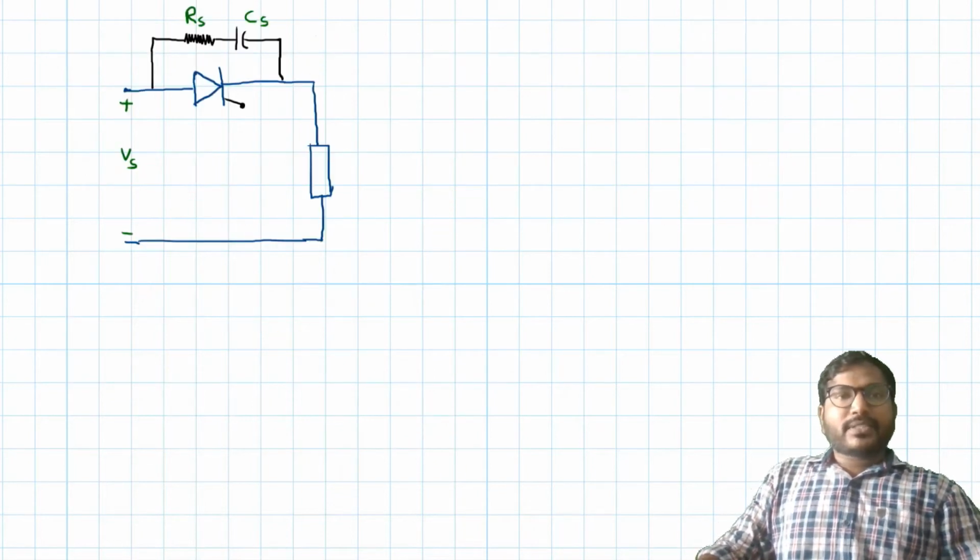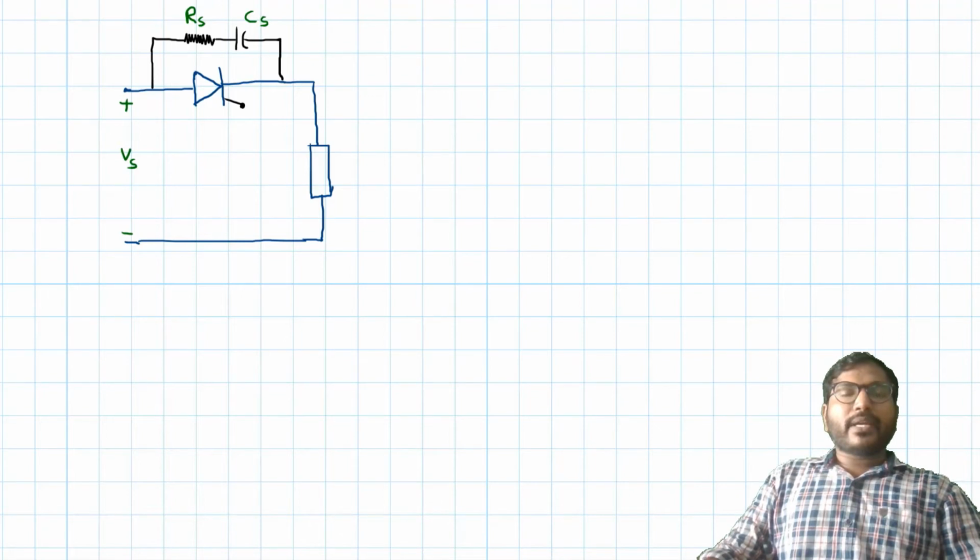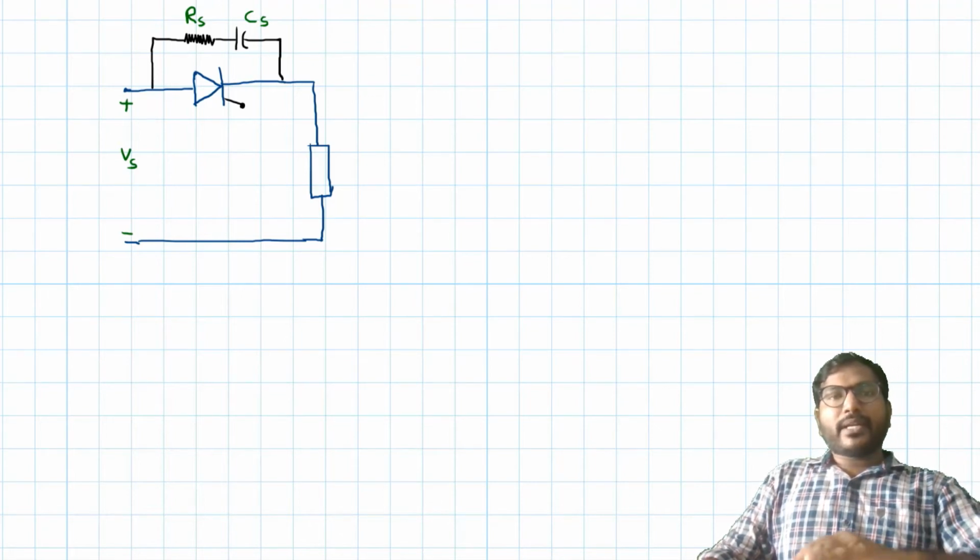Now see this circuit. This is the complete circuit to protect the SCR from high dV by dt.